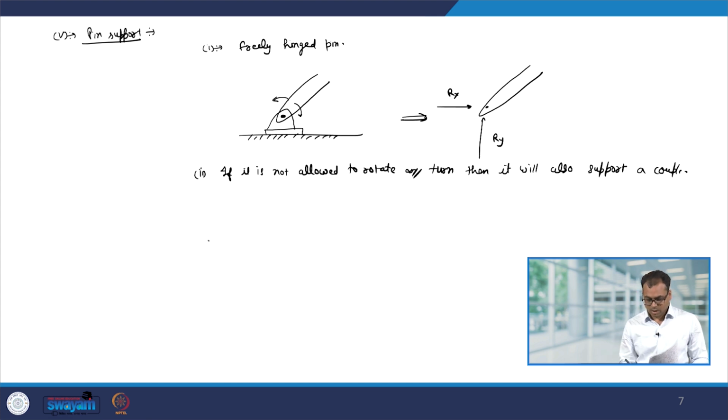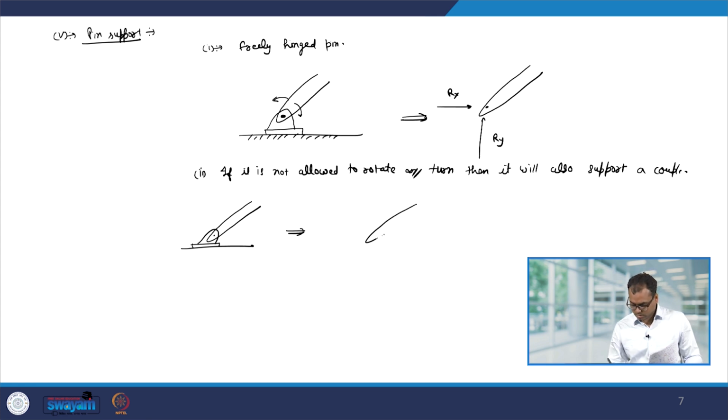So, now we have this pin, and this pin is not allowed to rotate. In that case, we have the y reaction force, the x reaction force, and also it can support a moment.